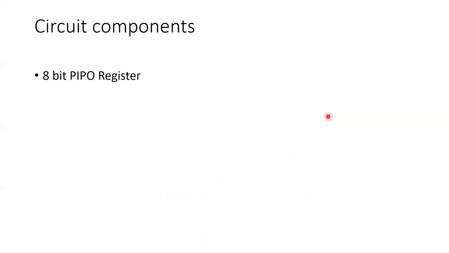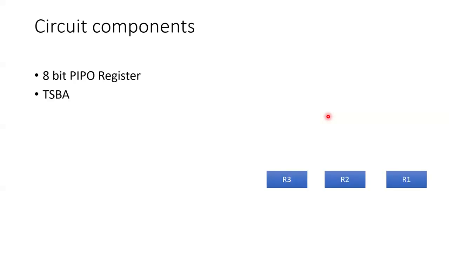We need an 8-bit parallel in parallel out register, and we need 3 of them because we are going to create a bank. So we have our registers here. Then we need a TSBA because when we are putting data from your switches into the registers, we want to have control over it.